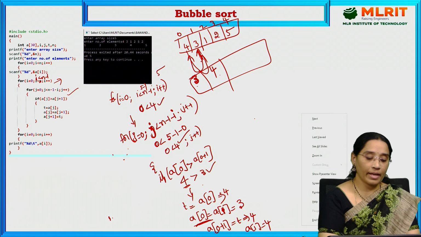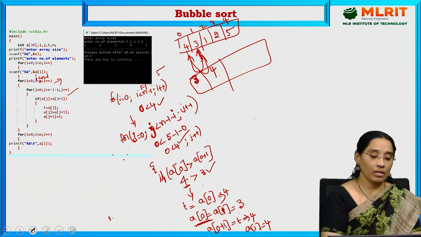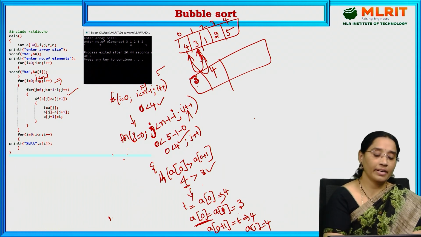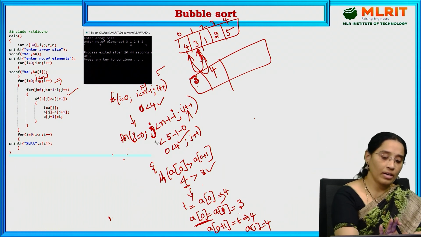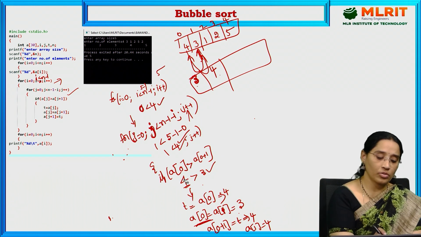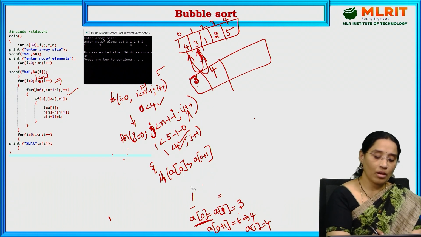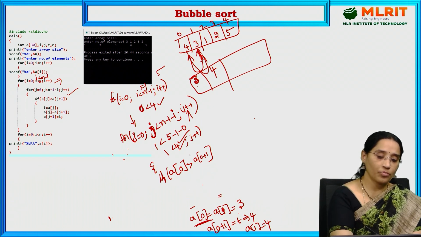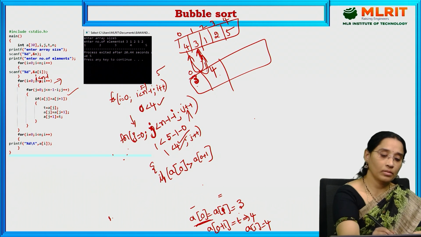After this, the loop will repeat. Again j will be incremented. j will be 1, 1 less than 5 minus 1 minus 0, that is 4. 1 less than 4, condition true. Here a of 0 is now 3.